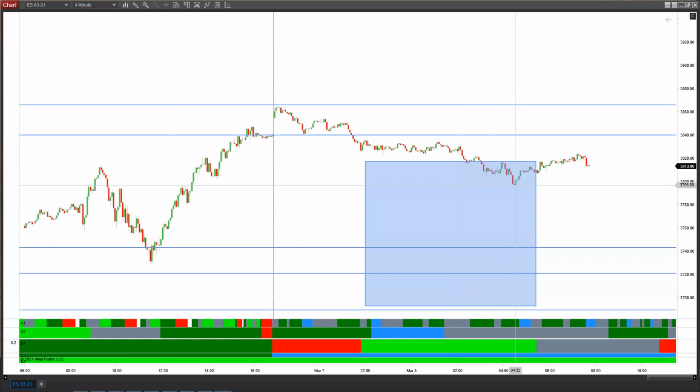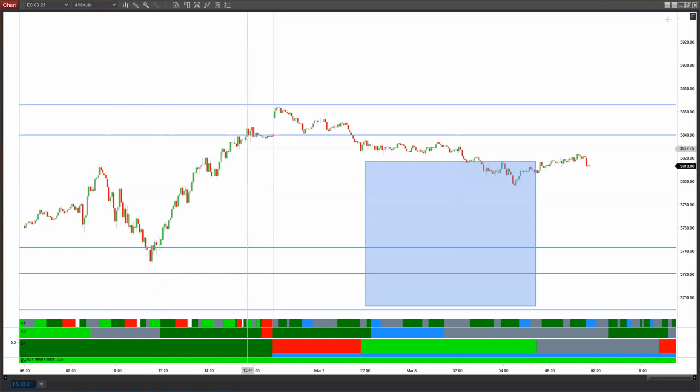But generally, with these indications, the green indications are generally bullish, the gray is neutral, and the red usually indicates downtrends. So you can see we've got this neutral area. When we go from neutral to bullish, and we've got these 2 plots in green, we get this nice uptrend to the end of the day on Friday.